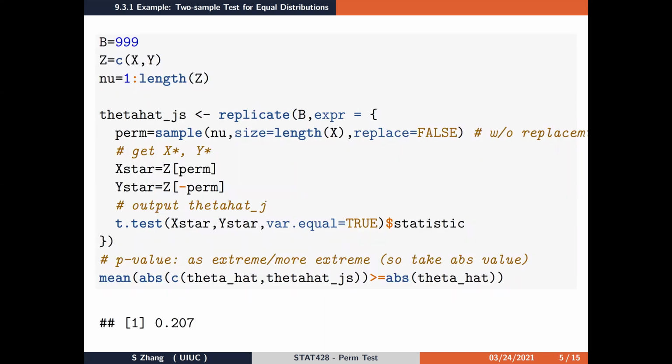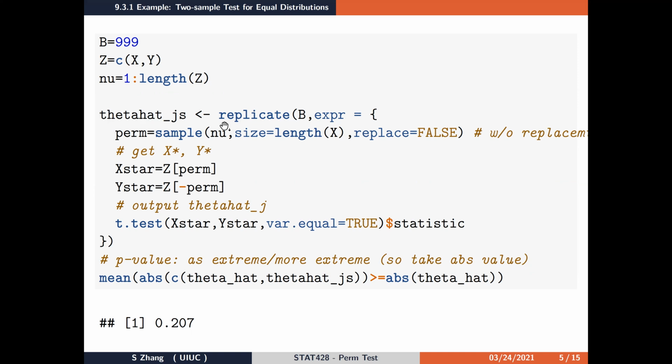So here's the code for conducting the permutation test. First, we specify B is 999 and Z is the union of X and Y. Nu is the index set, indexed from 1 to the length of Z, in this case, 26. So the next step, what we want to do is to find the theta hat j's, which is theta hat evaluated at each of those possible partitions.